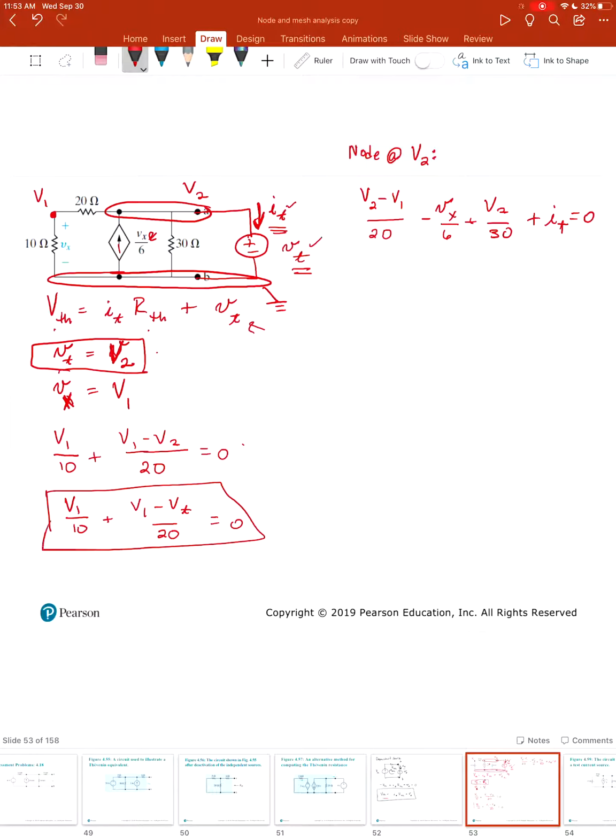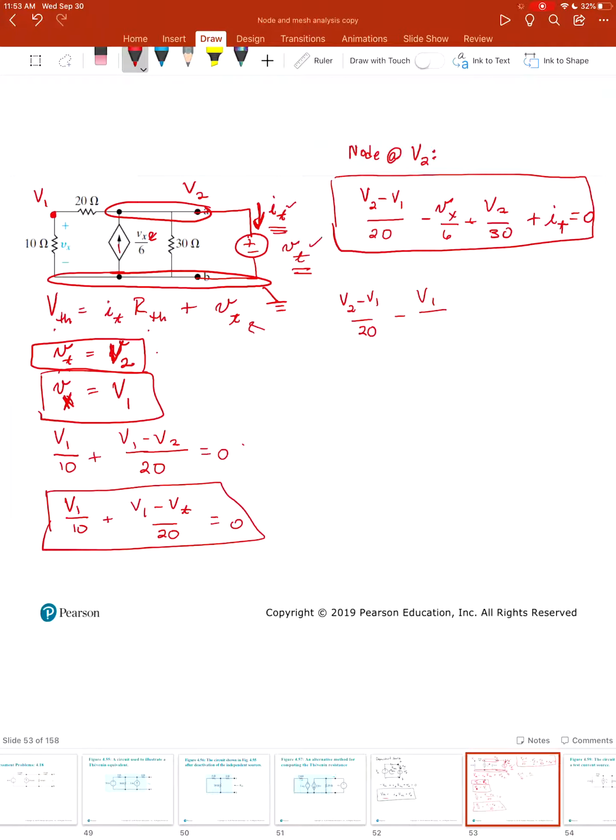Okay, so I've got this one, and this one, and this one. So first, let me substitute V1 for Vx. So V2 minus V1 over 20 minus V1 over 6 plus V2 over 30 plus I test is equal to 0.